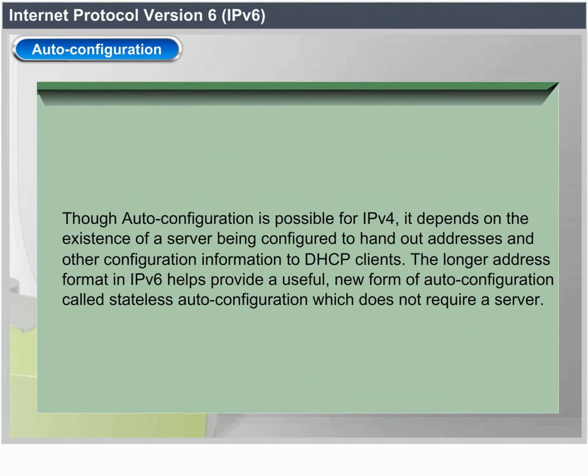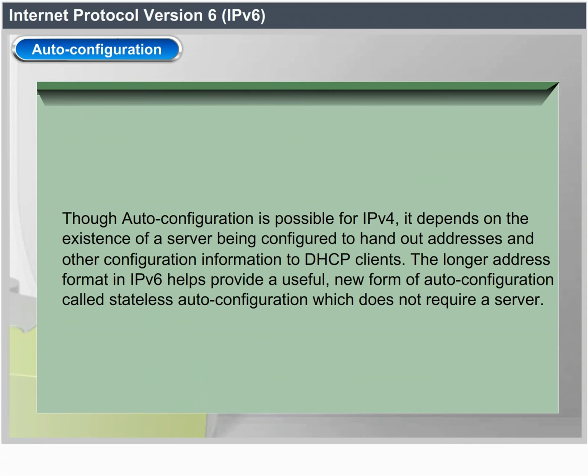Auto-configuration is possible for IPv4, but it depends on the existence of a server that is configured to hand out address configuration information to DHCP clients. The longer address format in IPv6 helps provide a useful new form of auto-configuration called stateless auto-configuration, which does not require a server.